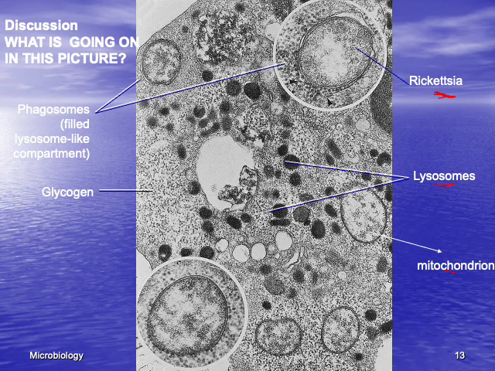Don't worry about glycogen, that's not a big deal. And you got phagosomes. And phagosomes are lysosomes that have stuff in them. So what we're saying is the Rickettsia are inside lysosomes, inside this big cell. So think about that. Rickettsia inside lysosomes, inside a big cell that also has mitochondria.